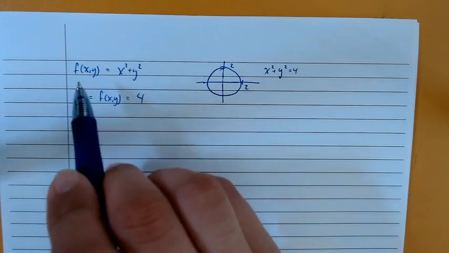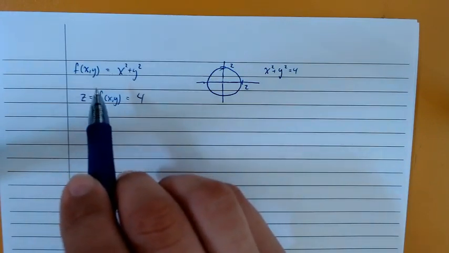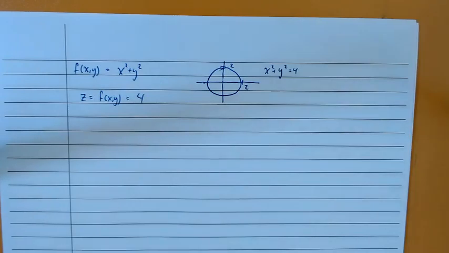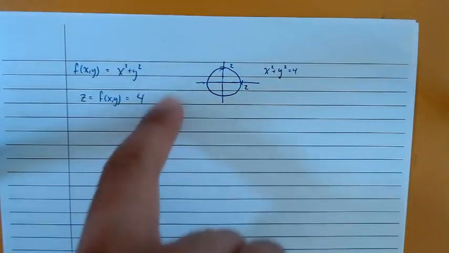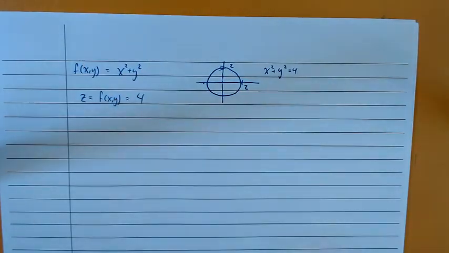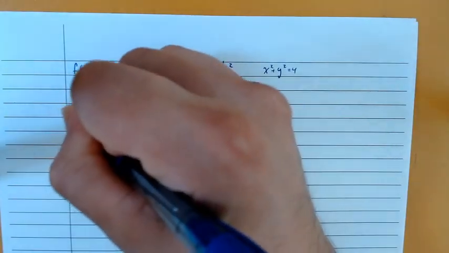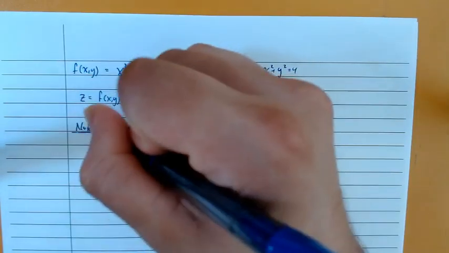What if, instead of saying my function is a function of 2 variables, z equals f of x, y, what if that itself was a level curve? Well, then we could take that and think of it as a level curve of something even higher in dimension. So note, for this section, that's what we want to do.